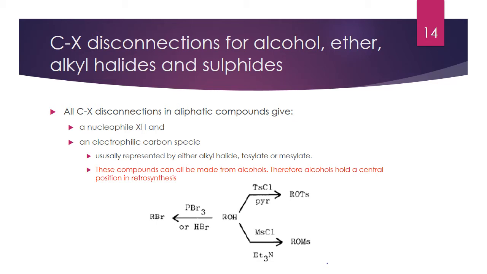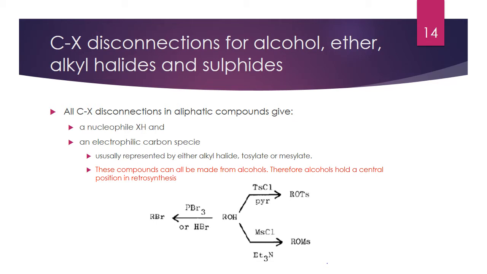These alkyl halide, tosylate, or mesylate can be easily obtained from alcohol. For example, you can see the interconversions. By reacting an alcohol with phosphorus tribromide or HBr, we can convert alcohol into alkyl halide. By simply reacting alcohol with tosyl chloride, we can form tosylates, and by reacting alcohols with mesyl chloride in presence of triethylamine, we can form the mesylate.